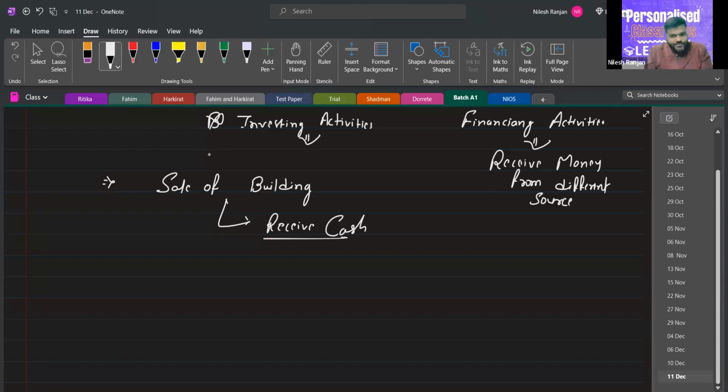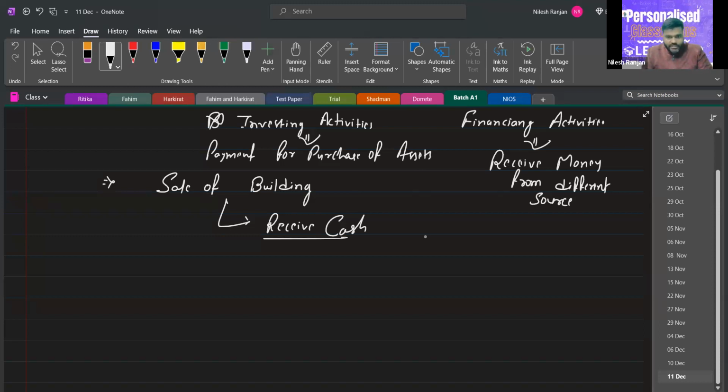Payment for purchase of asset. So why are we taking sale of building in investing, if as per the definition it should be under financing activities?